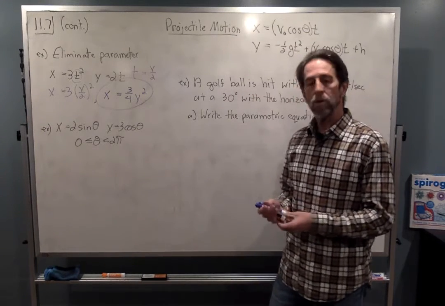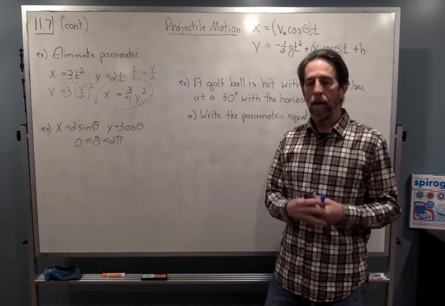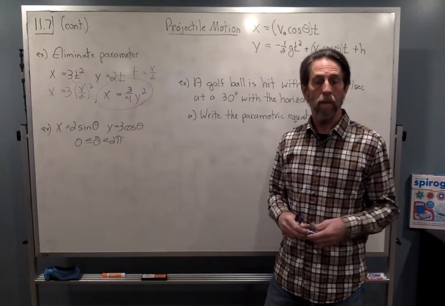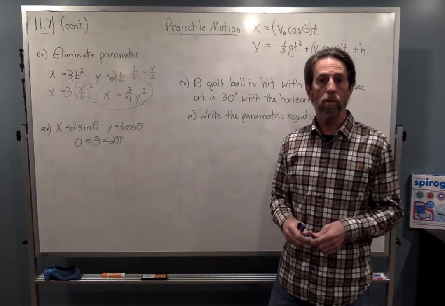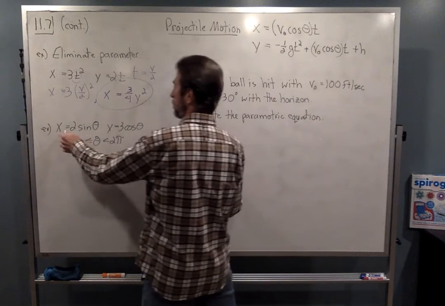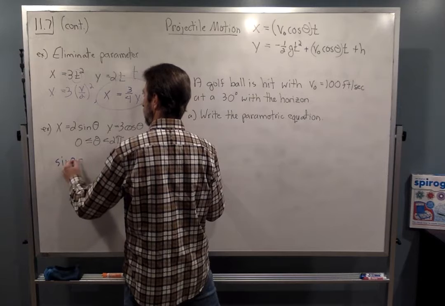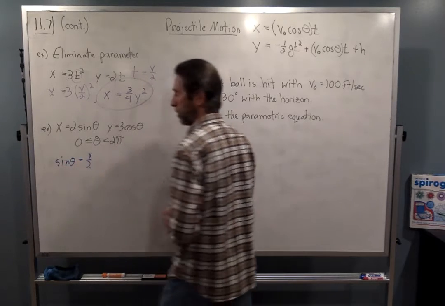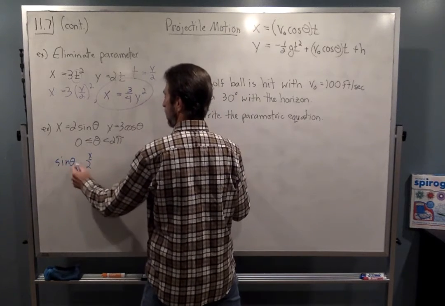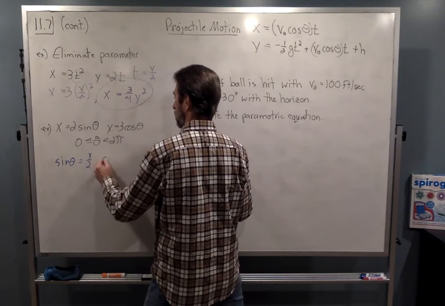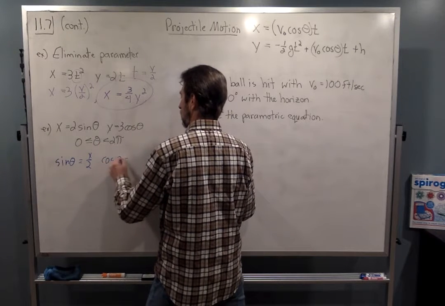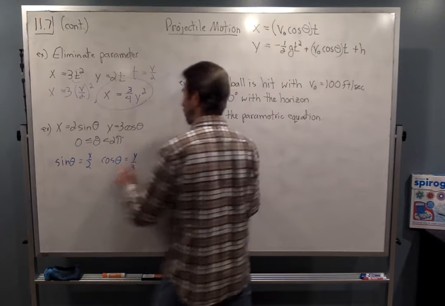What I'm going to do here is make use of one of our most basic identities from all of trig, and that is the Pythagorean: sine squared plus cosine squared equals 1. So in this case, I'm going to realize that sine of theta is simply x over 2, and then cosine of theta is going to be y over 3.